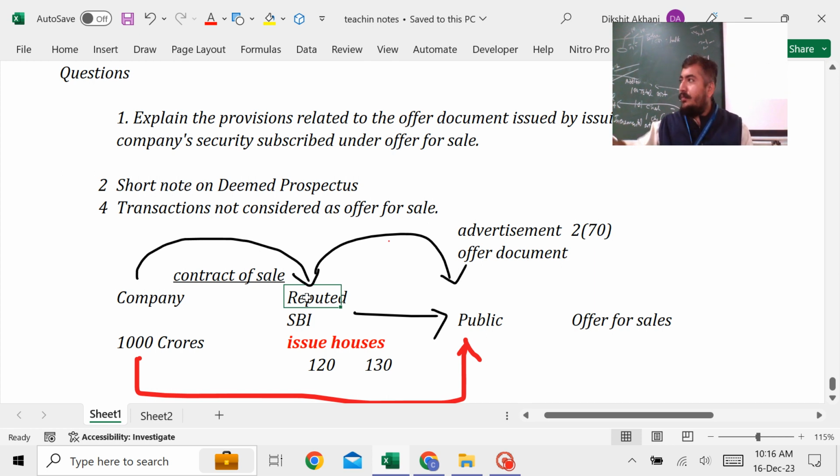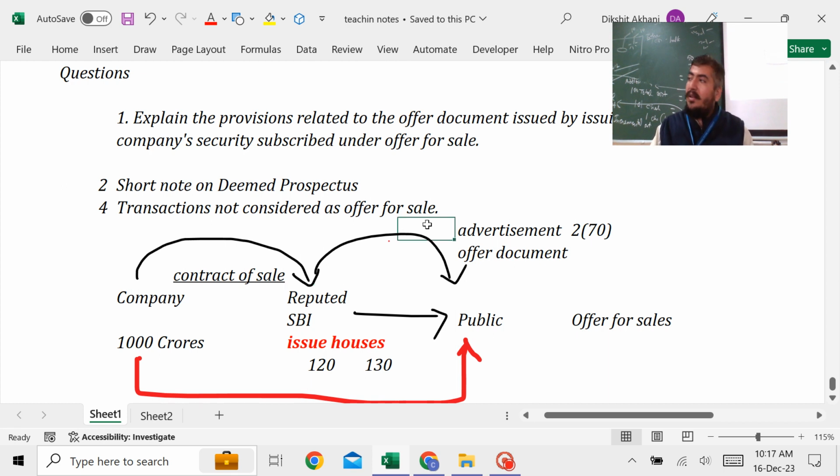Okay? Yes sir. So what if the issuer pays everything right now, and then after 7 months, 8 months, it's sellable? Then I would say government will be on the back foot if they consider this as offer for sale, because those assumptions government cannot use now. So here government needs to prove that it was offer for sale, or the person who is challenging needs to prove it was offer for sale, and this is deemed prospectus.